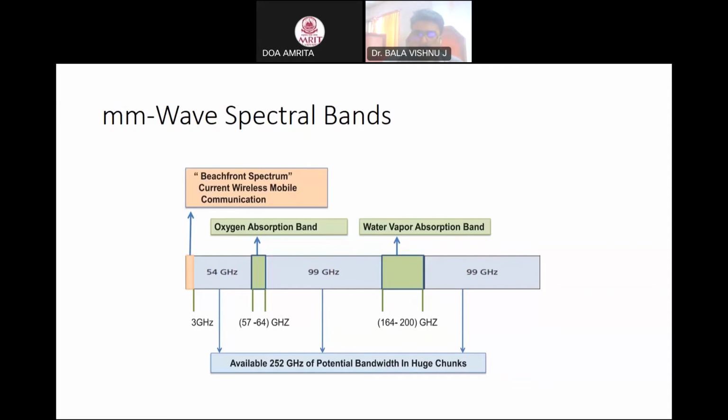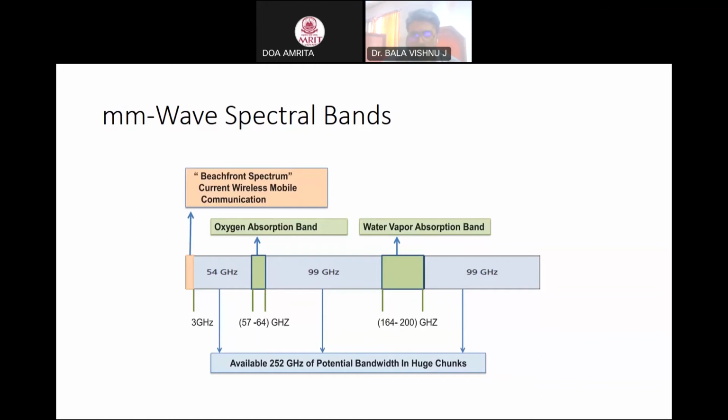The main disadvantage of going to such high frequencies is that line of sight communication should be achieved in fifth generation. When the frequencies increase, the coverage region decreases, and the penetration through walls and through metallic objects gets affected.